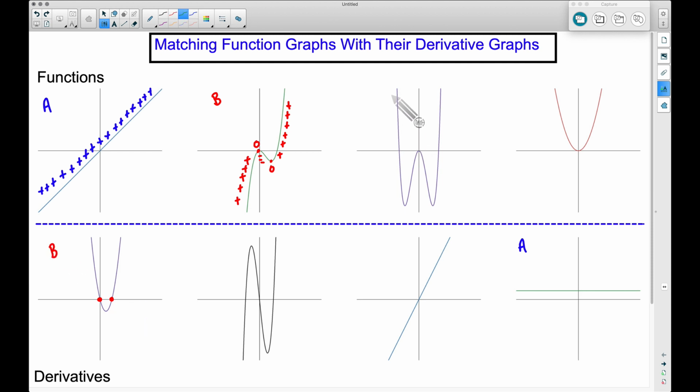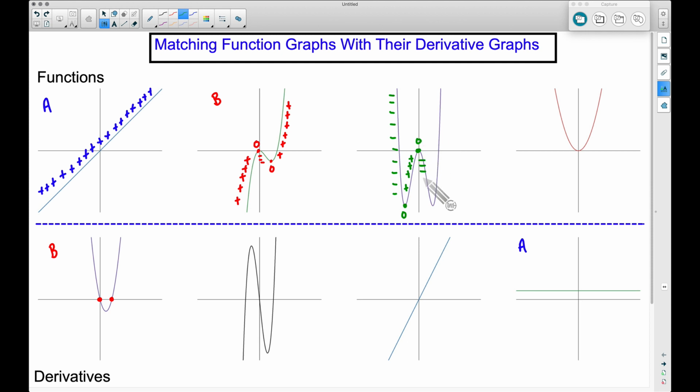Moving on to this third one here, the function is decreasing all the way to right here. That's where we're going to have a horizontal tangent line, which corresponds to a derivative of 0. Then the function starts to increase again. Now we have another spot where we're going to have a horizontal tangent line. And remember, all of these spots are going to be zeros on our derivative graph.